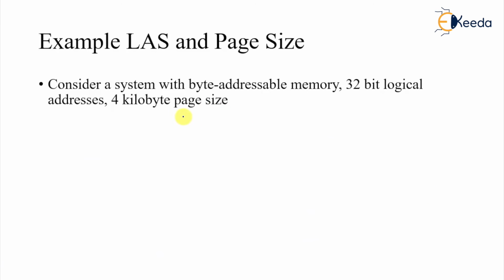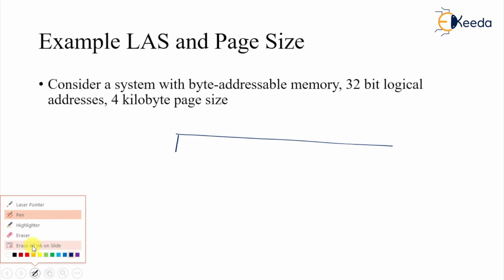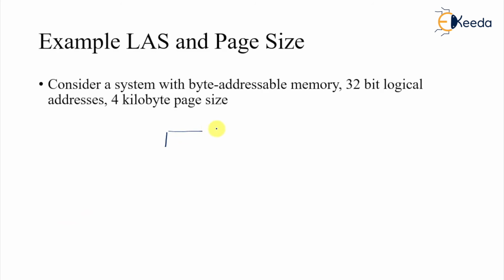Byte addressable, 32-bit logical address space. So we have a 32-bit logical address space, and here we have 4 kilobyte pages, which is 4 into 2 to the power 10 bytes, and it is byte addressable, so no need to worry.